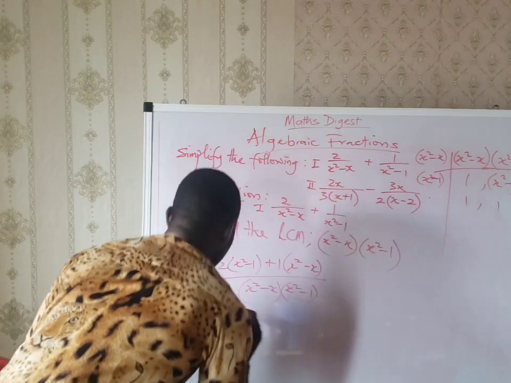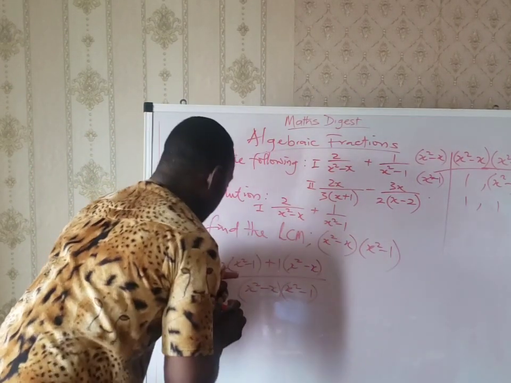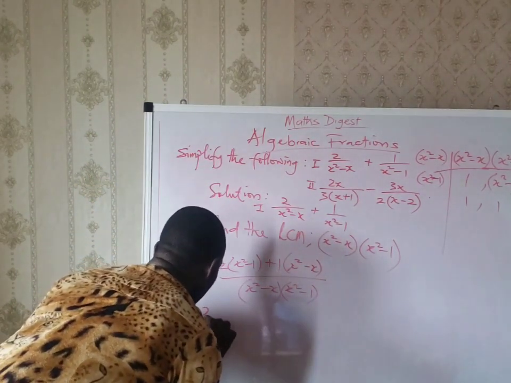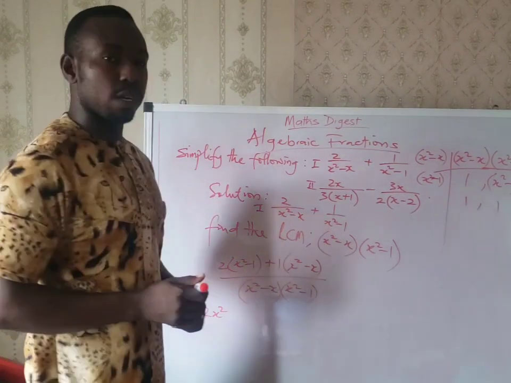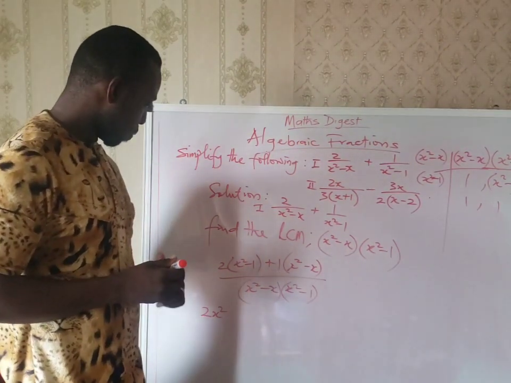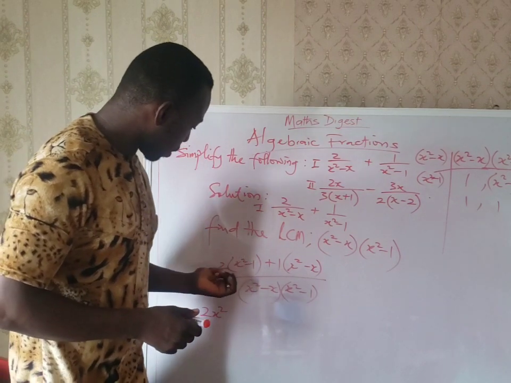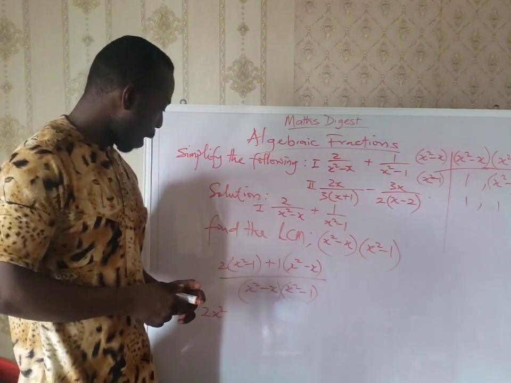So this will give us 2 times x squared is 2x squared. Follow me well, okay? Now 2 times minus 1.